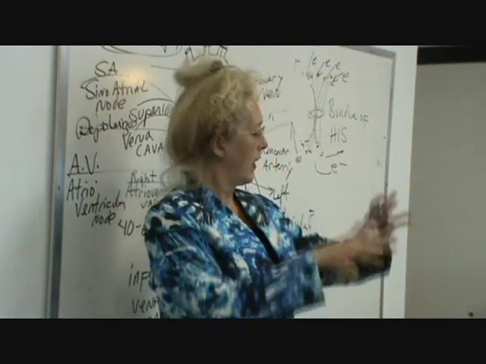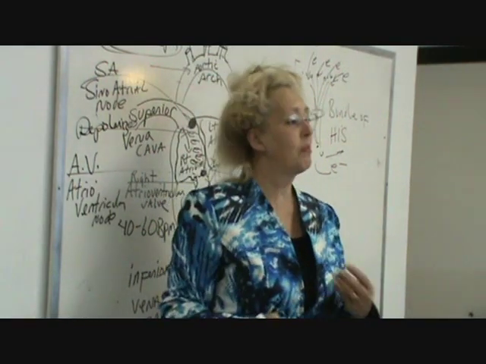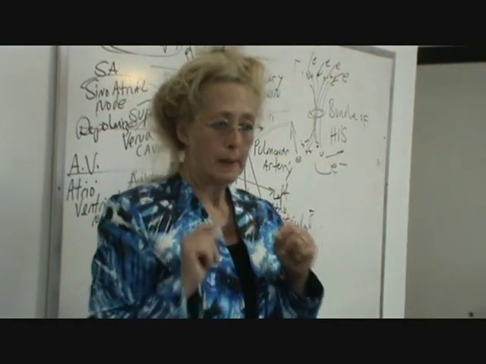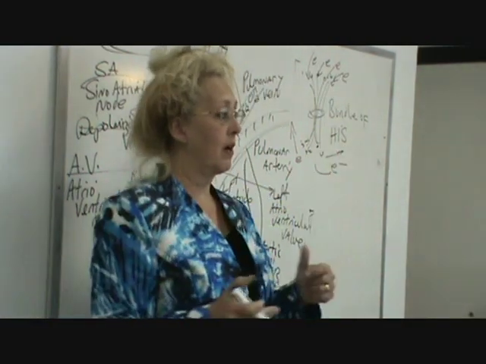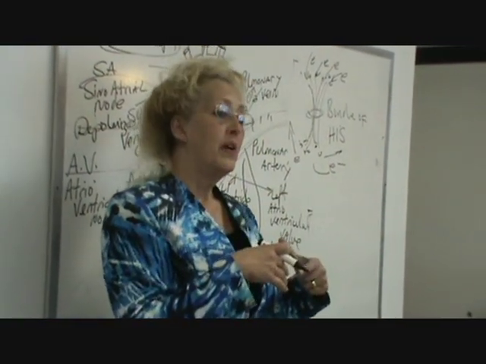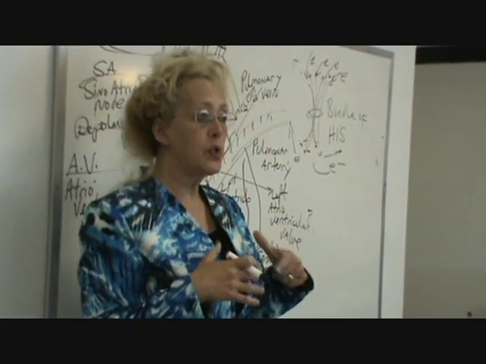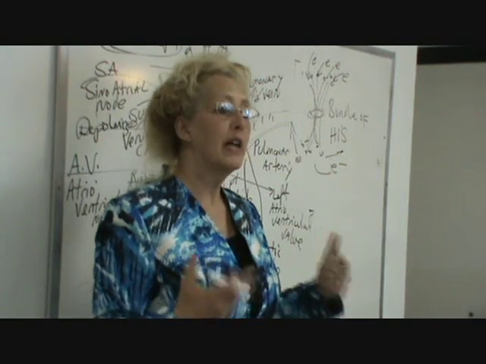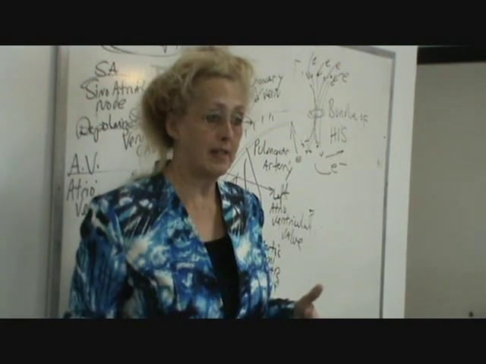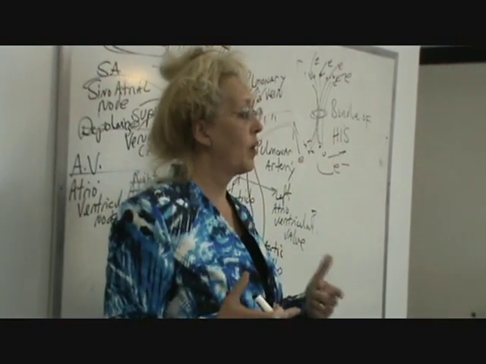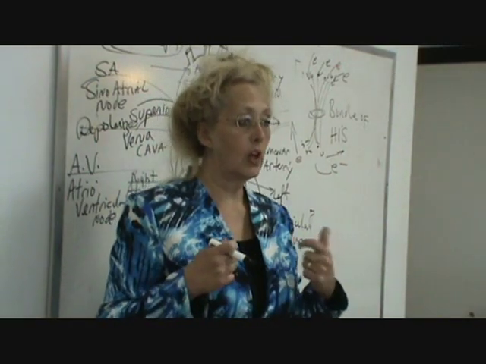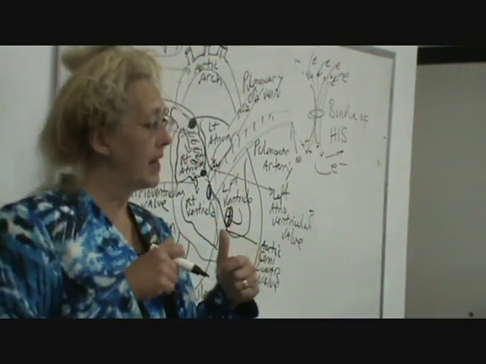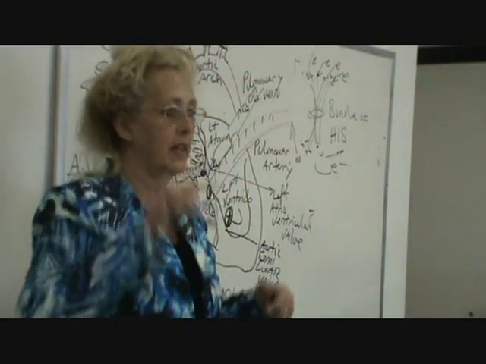So bundle branches are everywhere in the heart. Sometimes people have a bundle branch that shouldn't be where it should be. It's an extra bundle branch. And if it's in and around the sinoatrial node or somewhere in the atria, it's going to cause the heart to beat extra fast and have extra beats. So sometimes they'll go in to do ablation. They'll try to find that extra bundle and burn it.